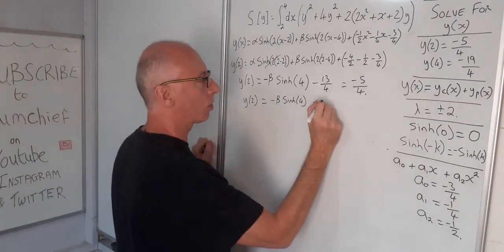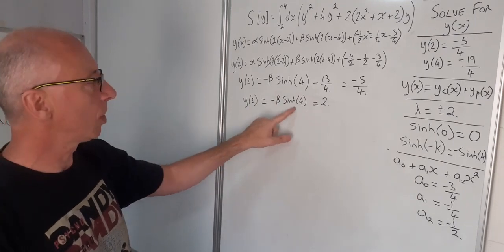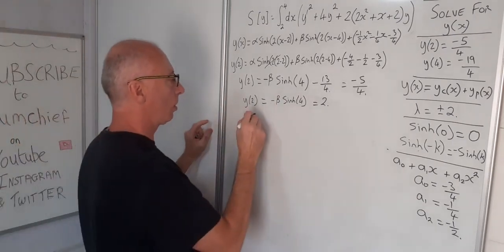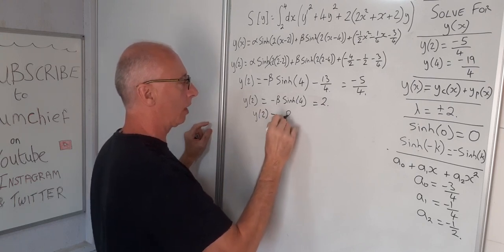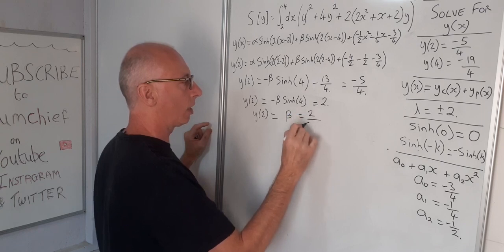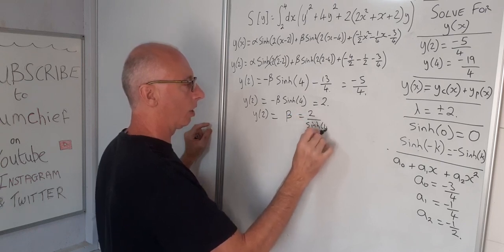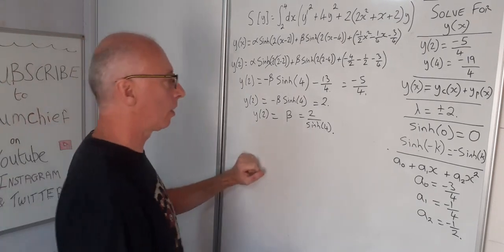So that equals 2. Now distribute the minus and divide both sides by sinh of 4. So beta is then going to give us 2 over sinh of 4. So that's going to give us our beta value.